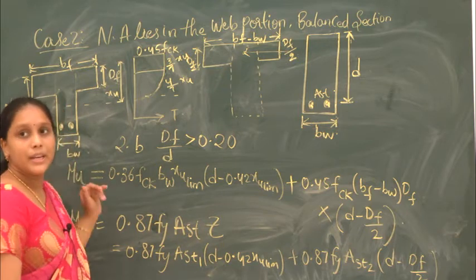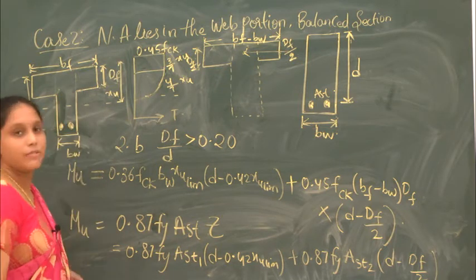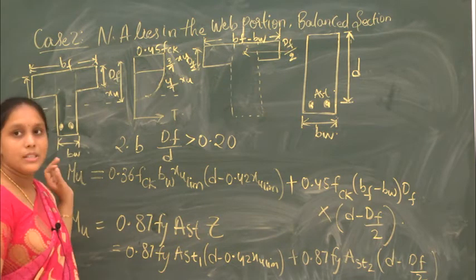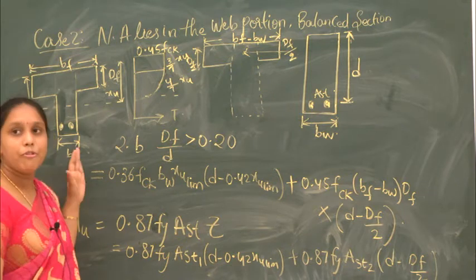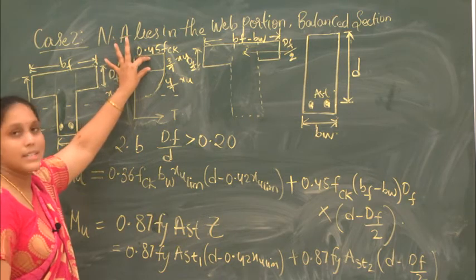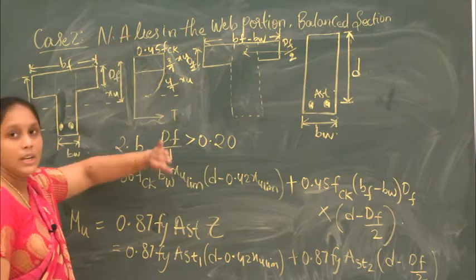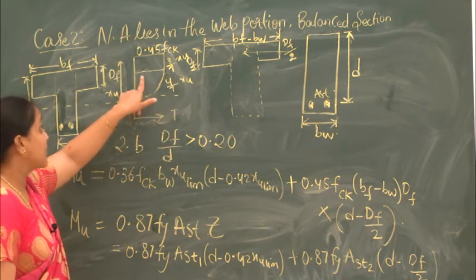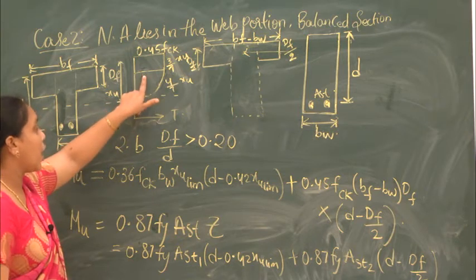Now Df is greater than 3/7 Xu. So what is happening here in the flange? If you see this flange, the flange is not uniformly stressed. You have stresses in the rectangular portion as well as some part of the parabolic portion.